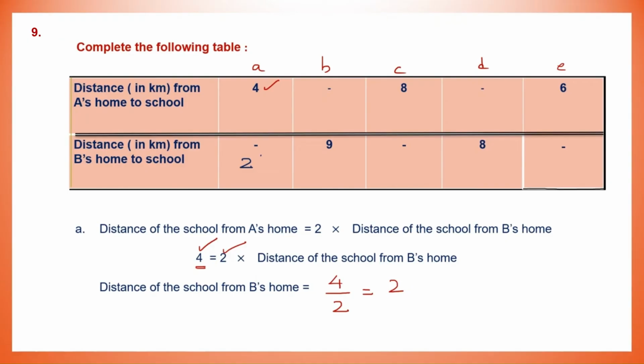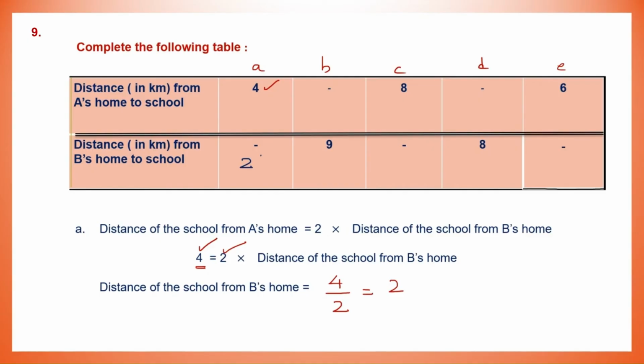Question C, if A is 8, then B is 8 divided by 2, which is 4. Question D, if B is 8, A is double that, that is 16. Question E, if A is 6, then B is half of that, 3. We can easily find this out, but let's do it the proper way. We'll have all steps and we'll work it out.